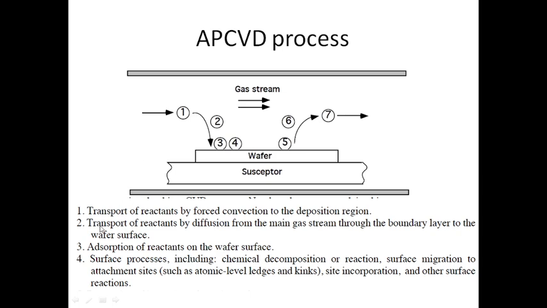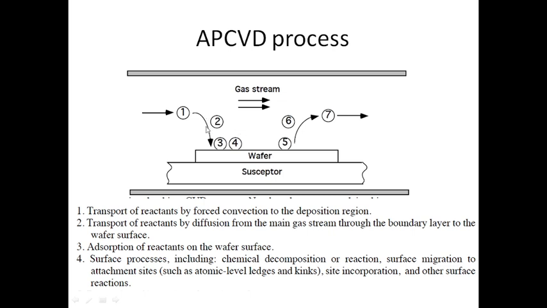Then the second process is transport of reactant by diffusion from the main gas stream through the boundary layer. Now you have a boundary layer. This is the entire region where the deposition will happen, in which we have a boundary where, of course, the gas stream is running at a higher velocity, while at the bottom it is not that high.